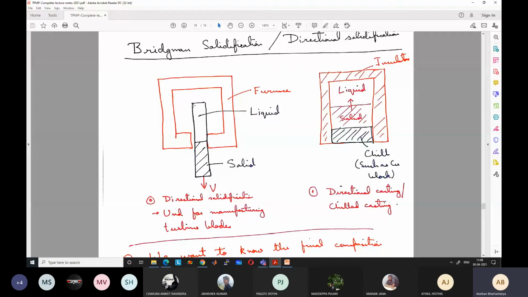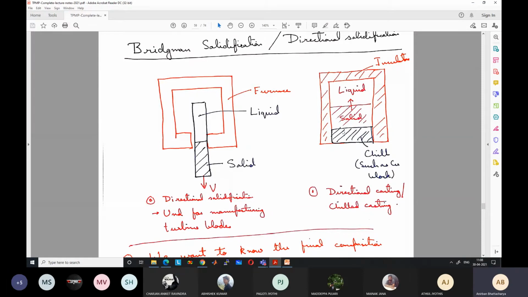Directional solidification is also found in other processes such as directional casting, where you have an insulated chamber, but you provide a chill, a high thermal conductivity block like a copper block, at the bottom. You must know about chills. If I put a chill at the bottom, all the heat transfer will occur downward.